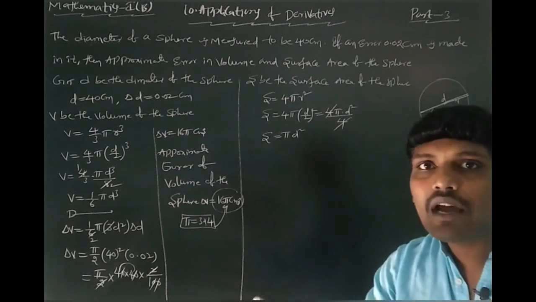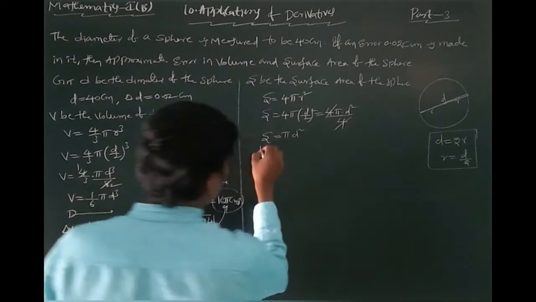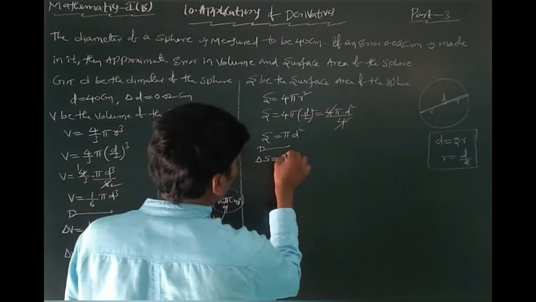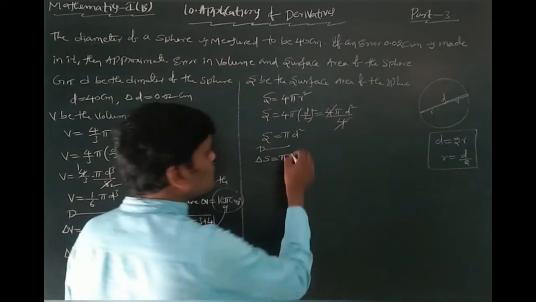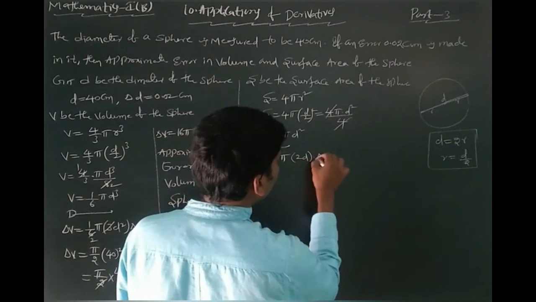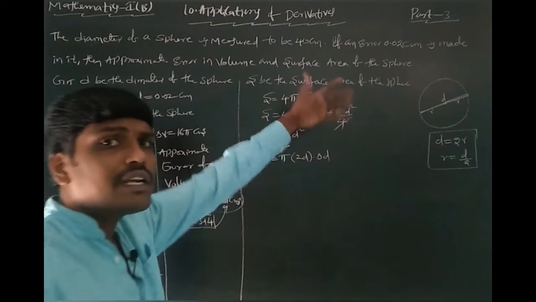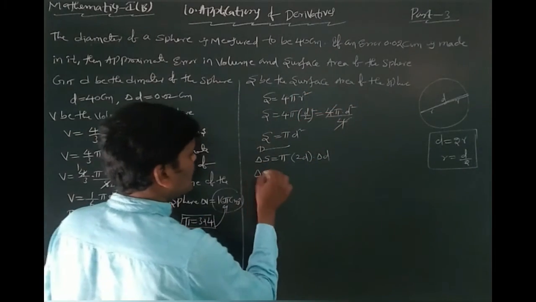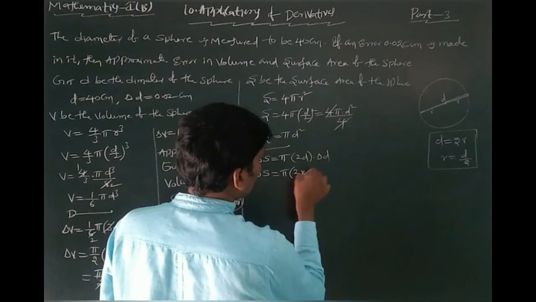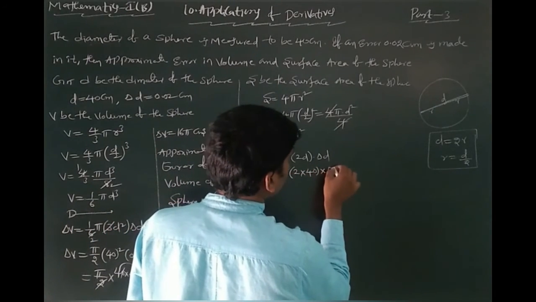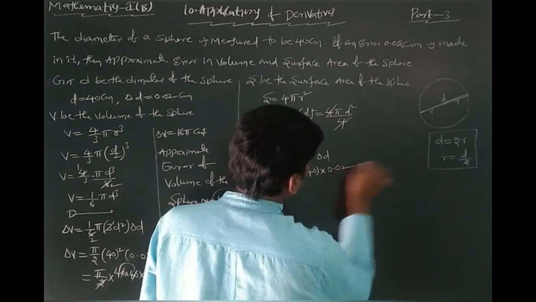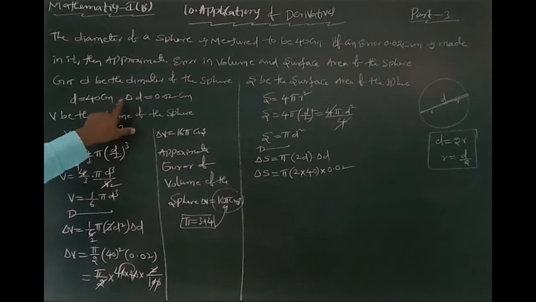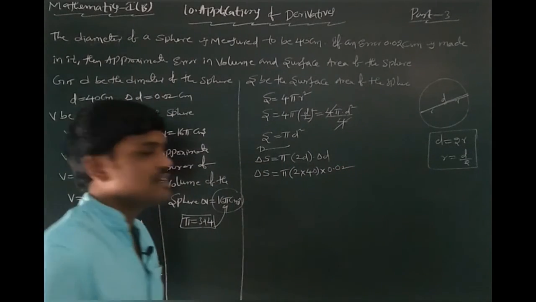Here the approximate value is nothing but delta S. Taking the derivative, delta S is equal to pi into the derivative of d square, 2d, into the derivative of d, delta d. Do you know all the values? D value is 40, delta d value is 0.02.